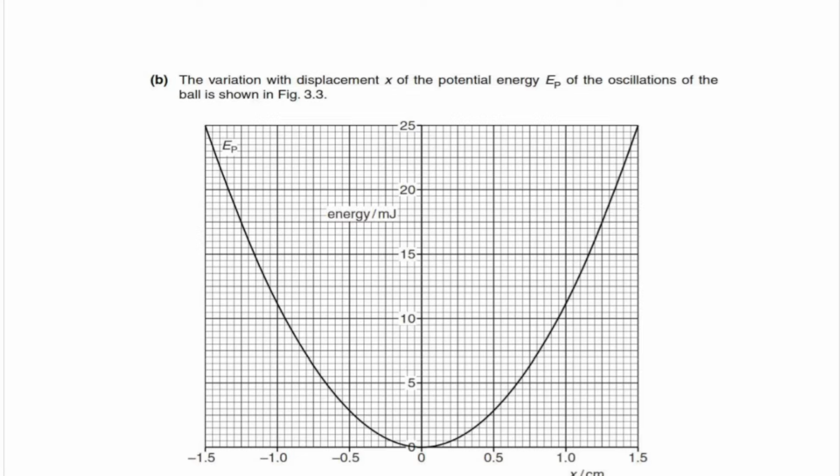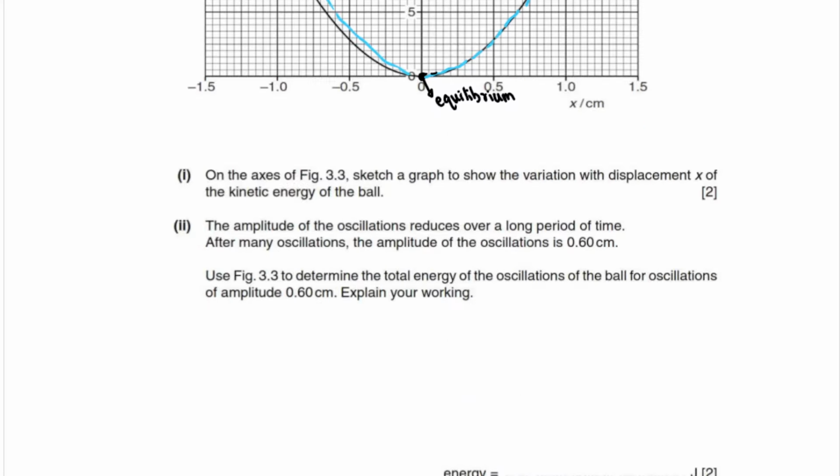Okay, so at a displacement of 0 centimeters, meaning here the ball is at equilibrium, we take its potential energy to be 0, and as the ball gets further away from the equilibrium position, potential energy gradually increases. So let's go to the next part.